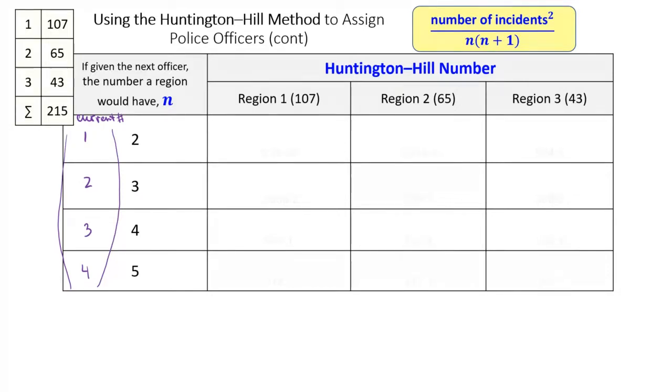If given the next officer, the number the region would have will be 2, 3, or 4. Okay, first we need to find Huntington Hill numbers. The number of incidents squared, 107 squared, divided by current representation, 1, and divided by representation when given the next officer.